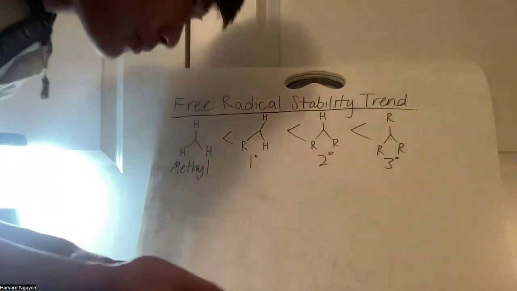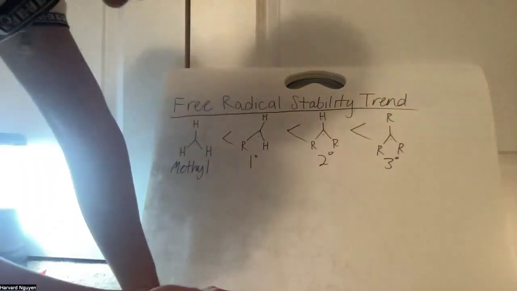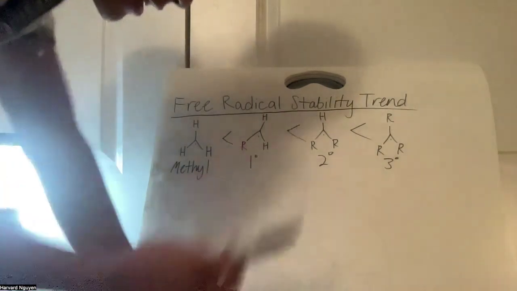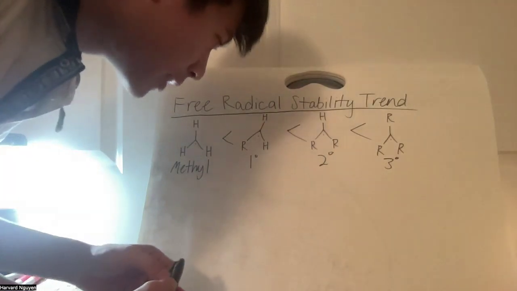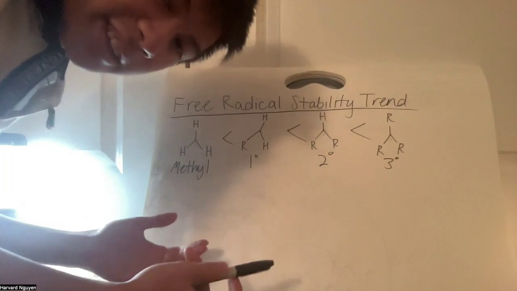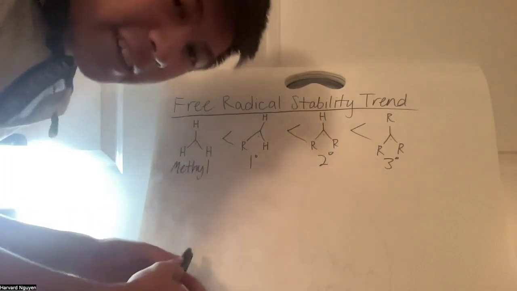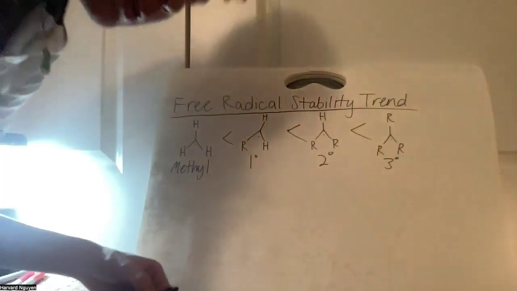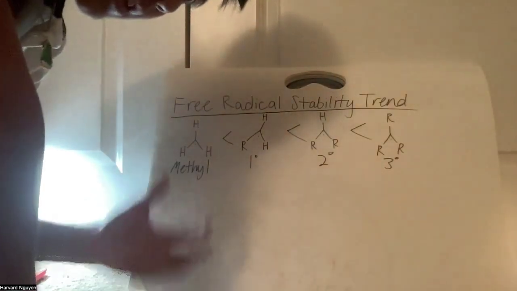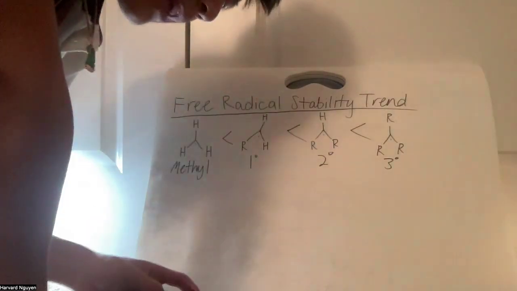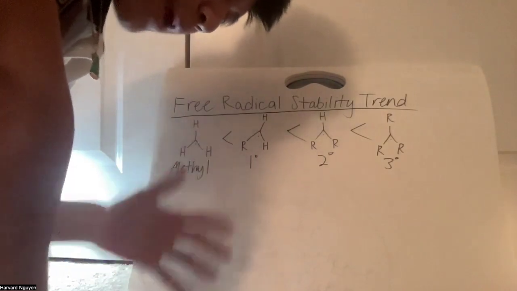It's basically tertiary, it's attached to 3 different carbon groups, and then secondary is 2, and primary is 1, and then methyl, it's not bonded to many carbon groups. The thing with bromination is that it's very selective of where it wants to be. So it wants to basically attach itself to the radical with the greatest stability.